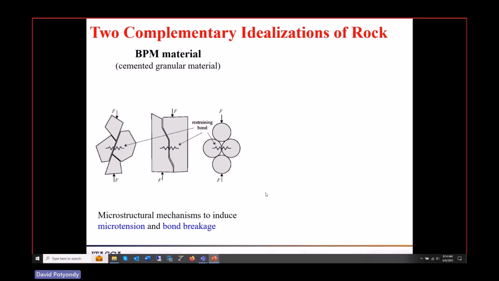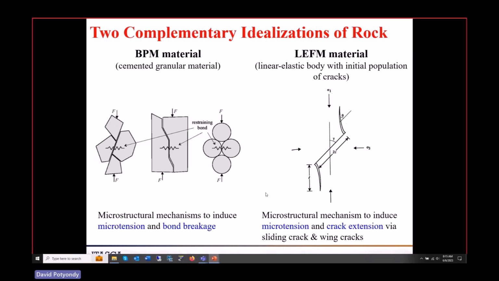An alternative material would be a linear elastic body with a whole bunch of cracks. Okay. And if you have cracks in a system like this that are oriented relative to sigma 1, what happens naturally at the tip of this crack here is that you get tension in this direction, because basically you're pushing that surface that way and you're pushing that surface that way and you're pulling open the surface here.